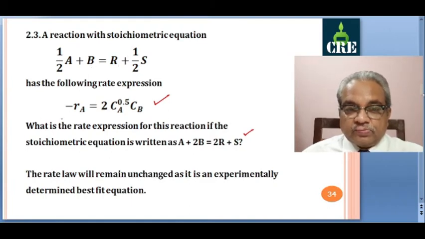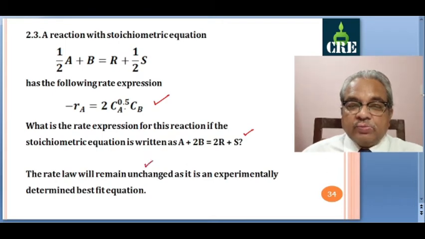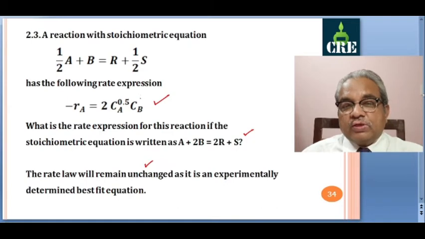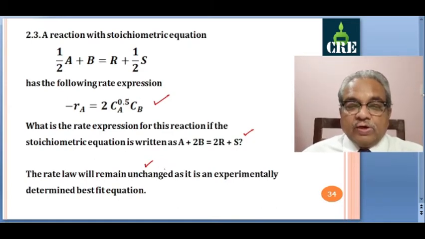That means the rate law will not change. It is based on the experimental observations. It has nothing to do with the stoichiometric coefficients. Incidentally, it is matching with the stoichiometric coefficients and we say that the reaction is elementary. So the rate law will remain unchanged as it is an experimentally determined best fit equation.